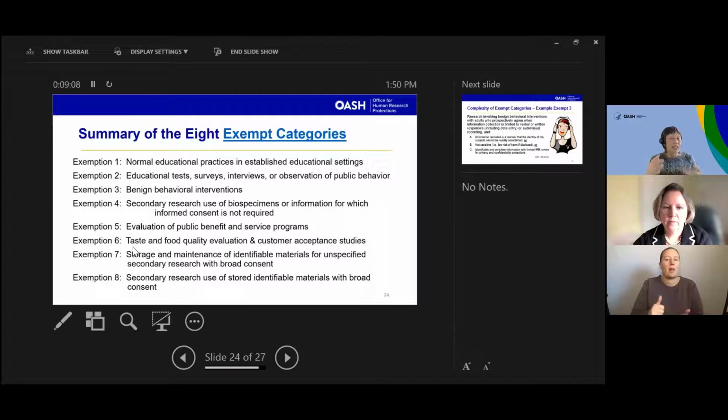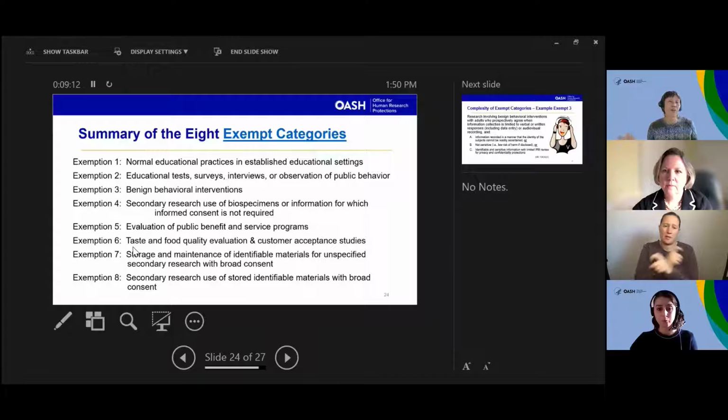Some of the determinations are difficult and complex. Many of you have heard, you call OHRP, they're going to say it depends, right? So supplying us with the detail of the situation is really important as well. But we would definitely try our best to help investigators and IRB officers in making the right determinations.